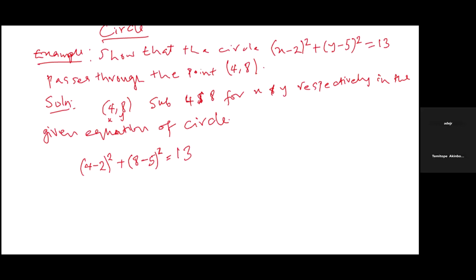So 4 minus 2 is 2, 2 squared plus 8 minus 5, 3 squared, equals 13. 4 plus 9 equals 13. So 13 equals 13. So you can see that the left-hand side equals the right-hand side.